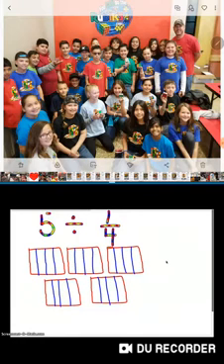Now, since we're 5, we want to know exactly how many 1/4s we have. We just cut these up into fourths, correct? Yes. So we want to count them now to find out how many fourths there are all together. So let's go ahead and number them.